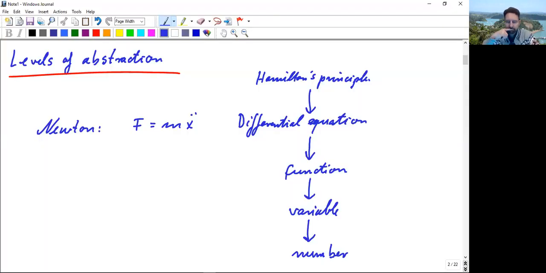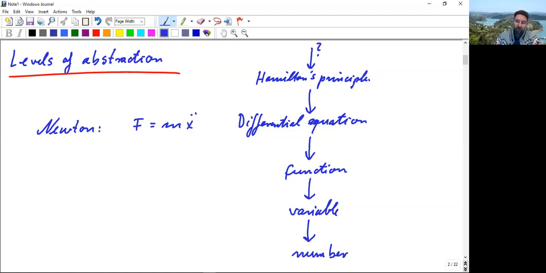Okay. Before I forget, you may be wondering, is there anything above that? Could there be something from which we can derive the Hamilton principle?